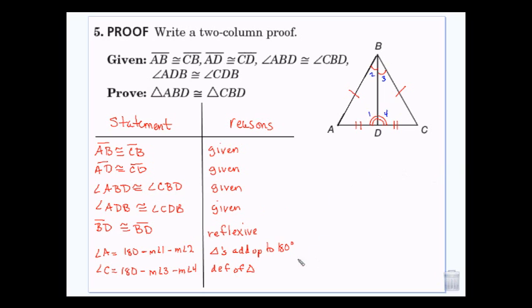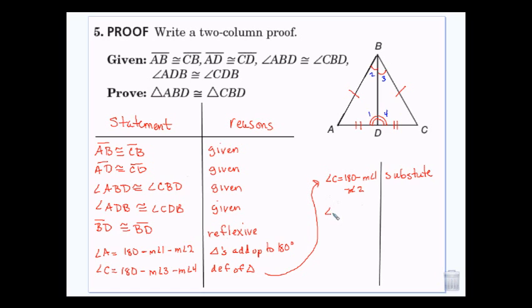So I'm going to come over here. I ran out of room, sorry. And I'm going to say that angle C is equal to 180 minus angle 1 minus angle 2 because I'm going to substitute. I'm substituting 1 and 2 for 3 and 4 because they're the same. Okay, and we already know they're the same because it was given.